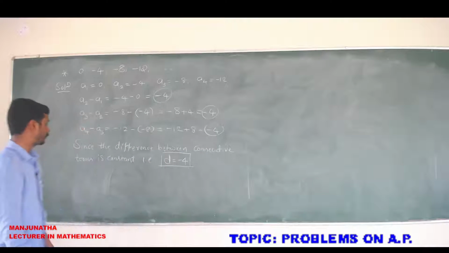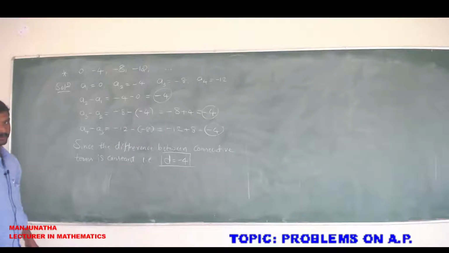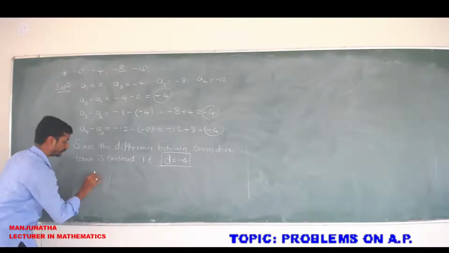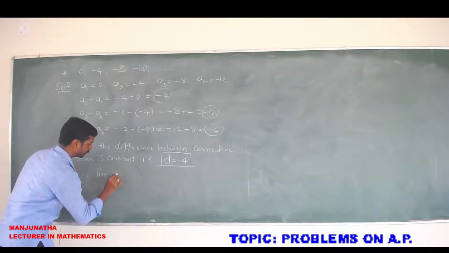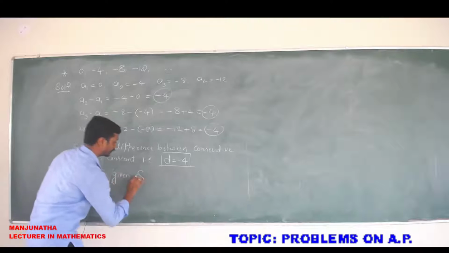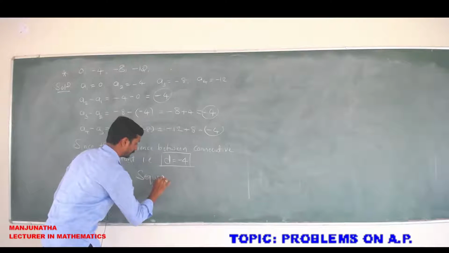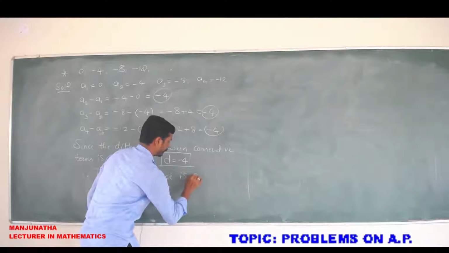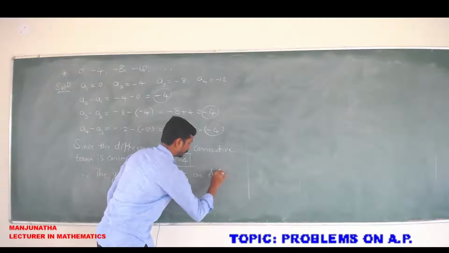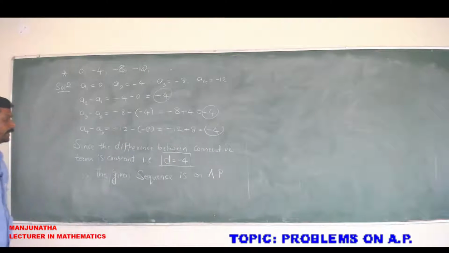Since the difference between consecutive terms is constant, that is D equals -4, therefore the given sequence is an arithmetic progression.